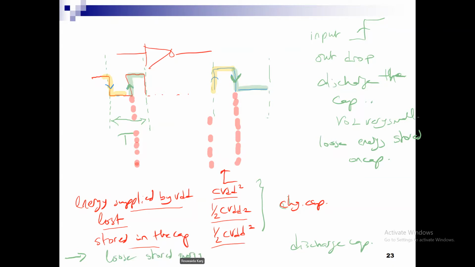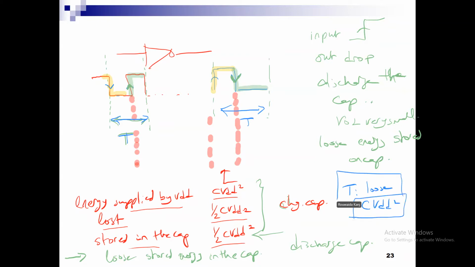We lose the stored energy in the capacitor. I am going to lose the second half, CVDD squared. Therefore, in one full cycle T, I'm going to lose or dissipate energy equal to CVDD squared. So the supply gives me CVDD squared.